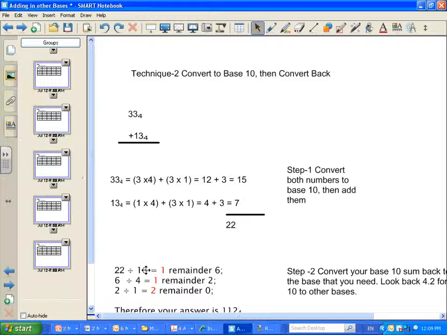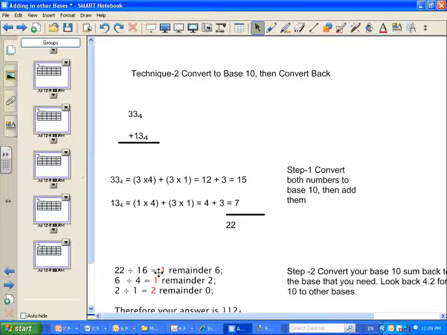Now I go back down and change it back into base 4. I need to find out what 22 equals in base 4, and I go through the whole division process. And as I stated before, you want to find the highest exponent of base 4 that will allow you to start the division process. Obviously, 4 to the third power is too big because it gives you 64. 64 is too big to start dividing.